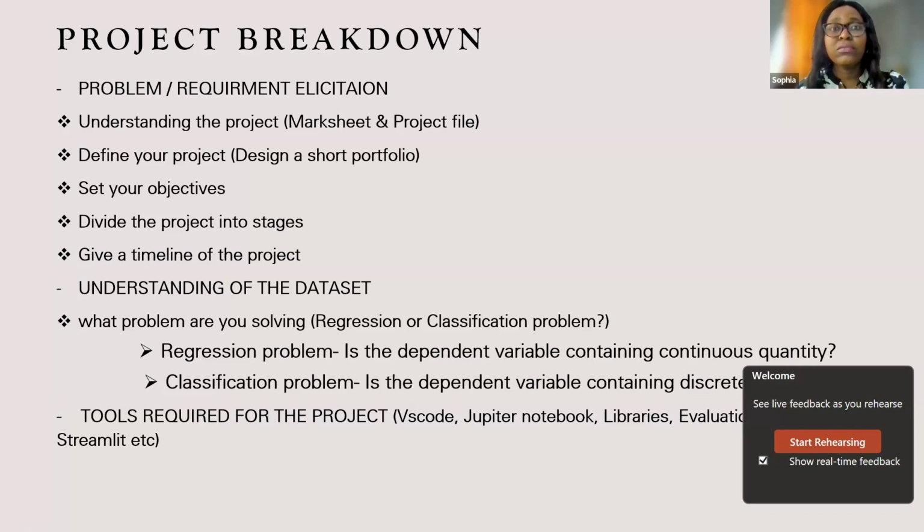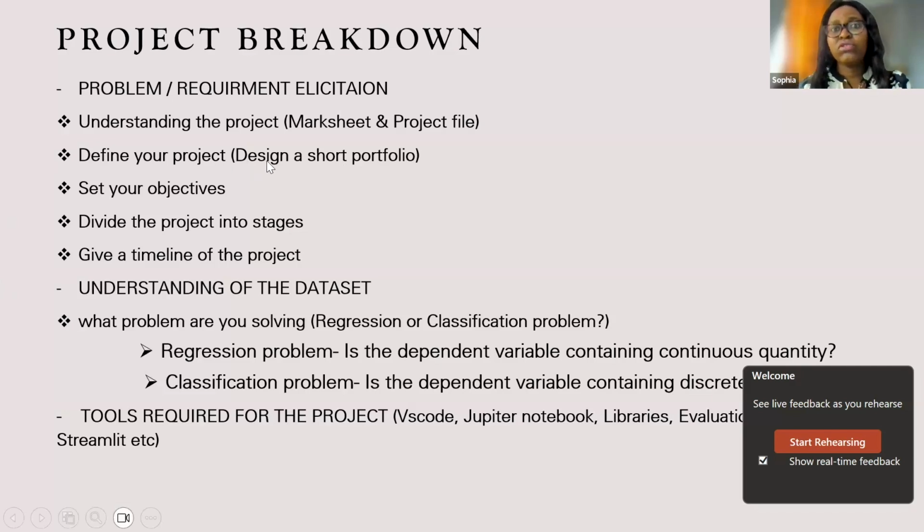In this context, for your project, you'll be given your mark sheets, which outline what to do and how your project will be graded. And then you've got the project file, which has the requirements of the project. You also need to define your project.